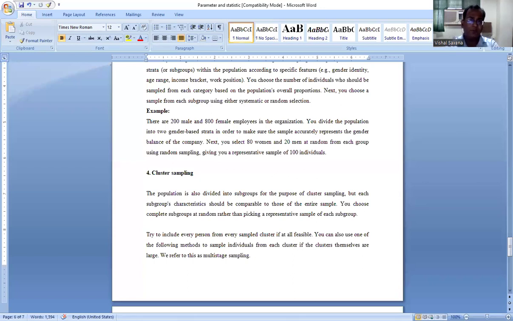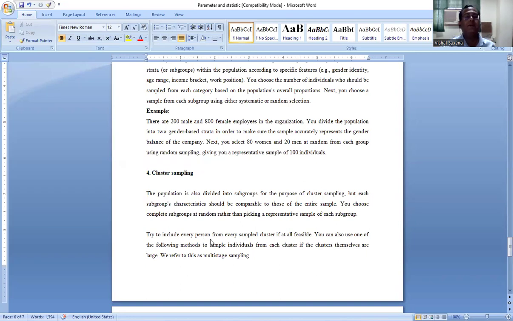We select any one of the subgroups as our sample, because all the subgroups have the same characteristics as the required sample. That is the difference between stratified and cluster sampling: in cluster sampling, any one of the subgroups can be selected as the sample from the whole population.